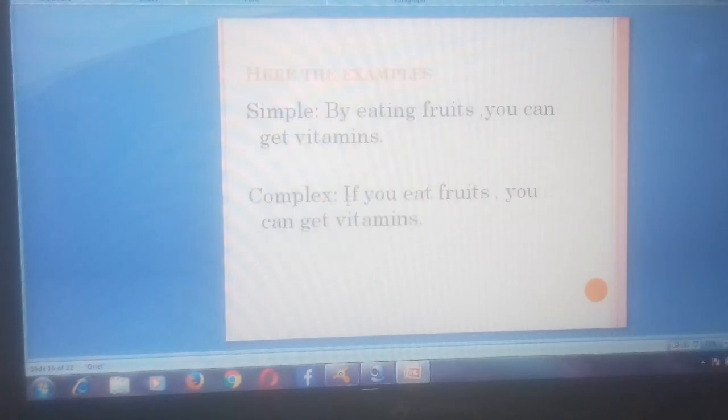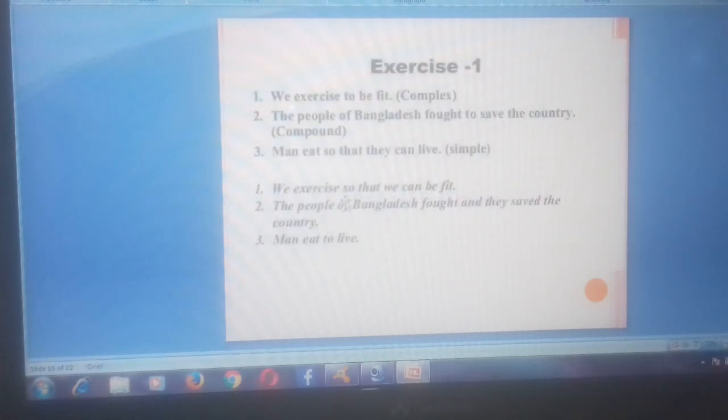Next one, we'll give some exercises and we'll practice it. I am showing just one or two exercises. "We exercise to be fit." If I am asked to transform it into complex, what will I do?